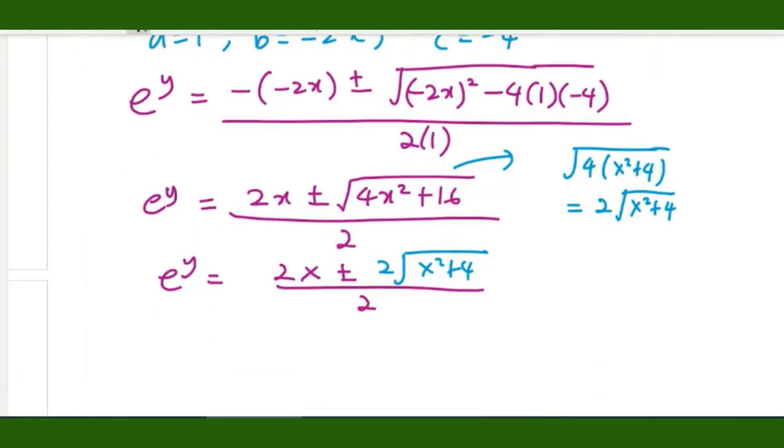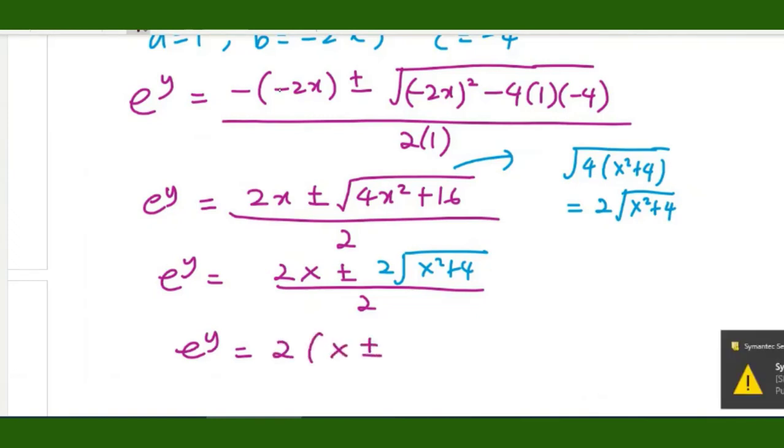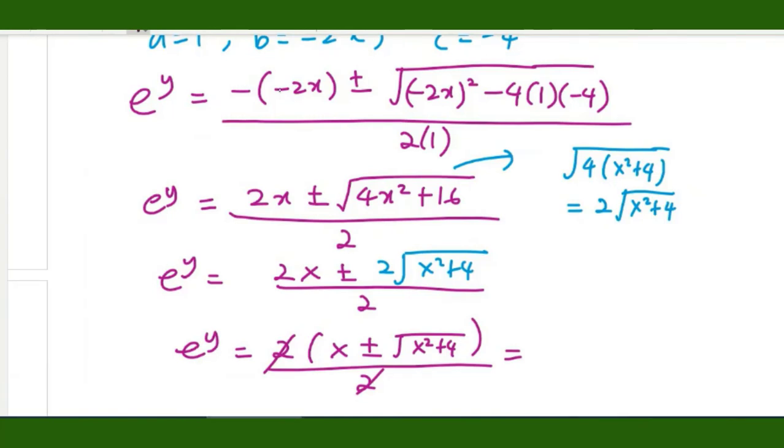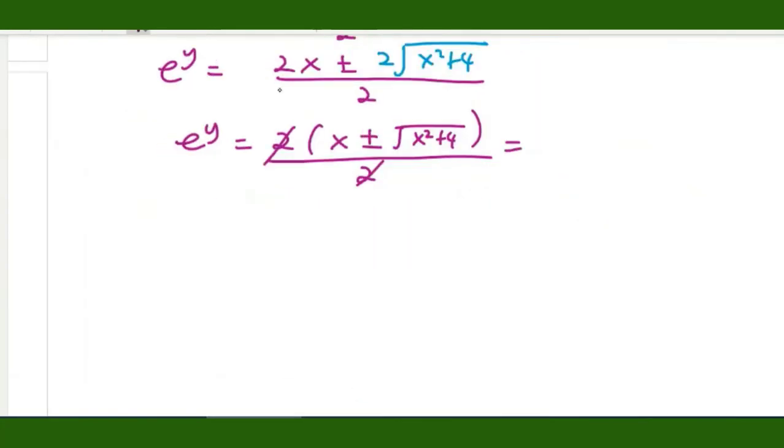Now it can be seen clearly. Everything has a factor of 2 that can be taken out. So you should end up having 2 of x plus minus the root of x squared plus 4, over 2, cancelling this, simplifying, and having e^y equals x plus minus the root of x squared plus 4.